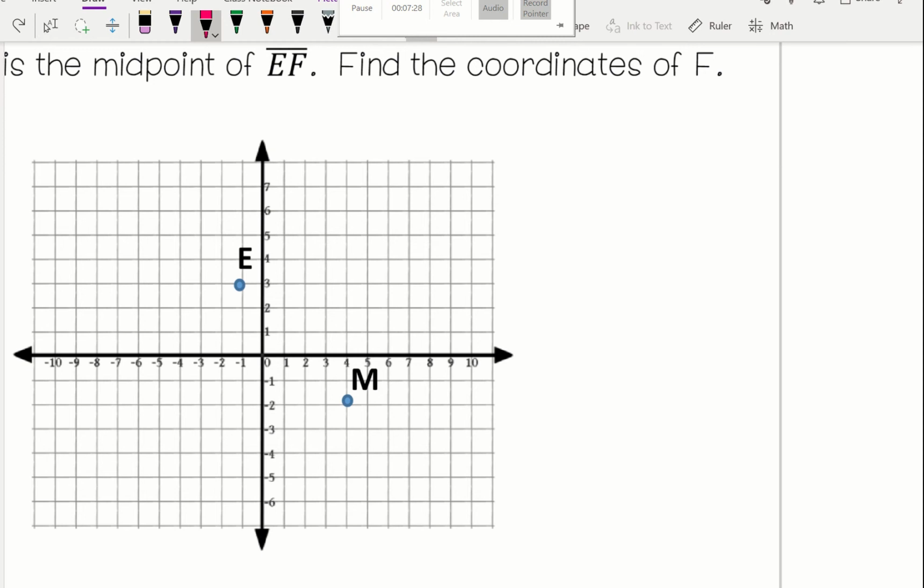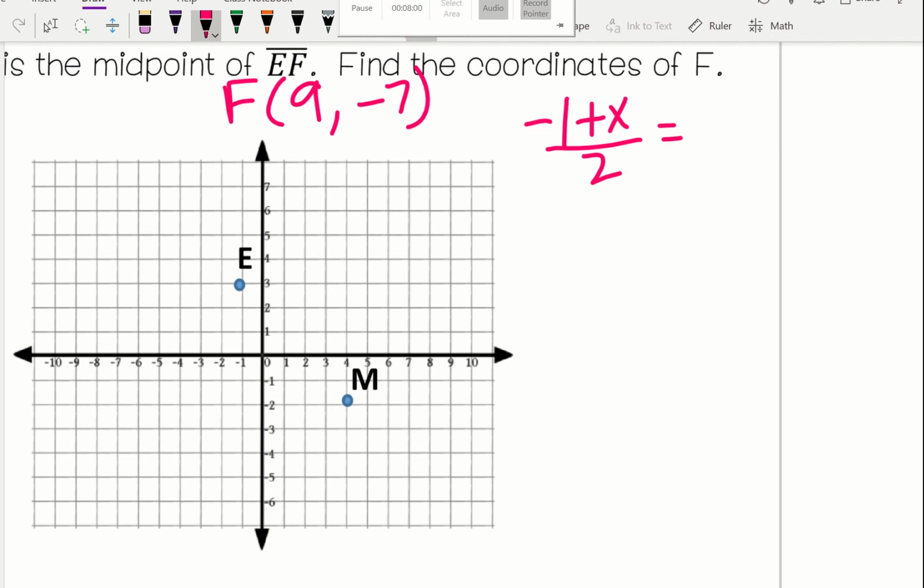So, what was the answer? What is F? 9, negative 7. Okay, 9, negative 7 is correct. Just quickly, if you didn't get that for some reason, or if you're not totally sure, the algebraic way for the x coordinate would have been negative 1 plus x divided by 2 equals 4.